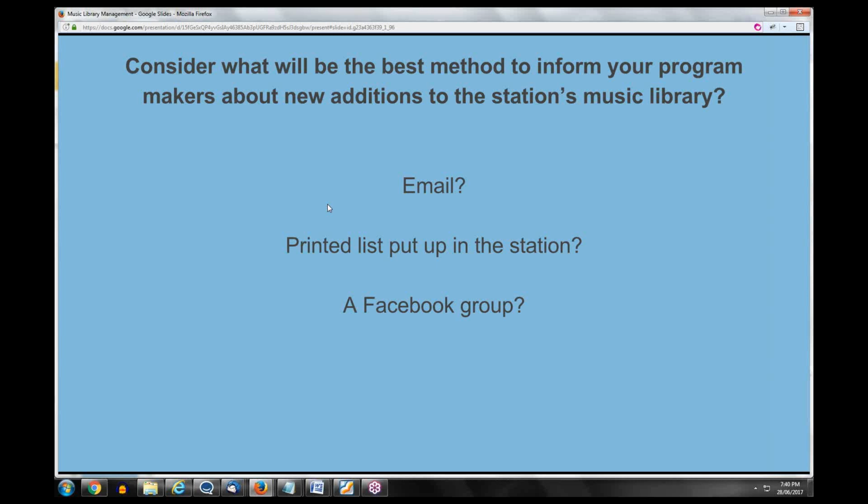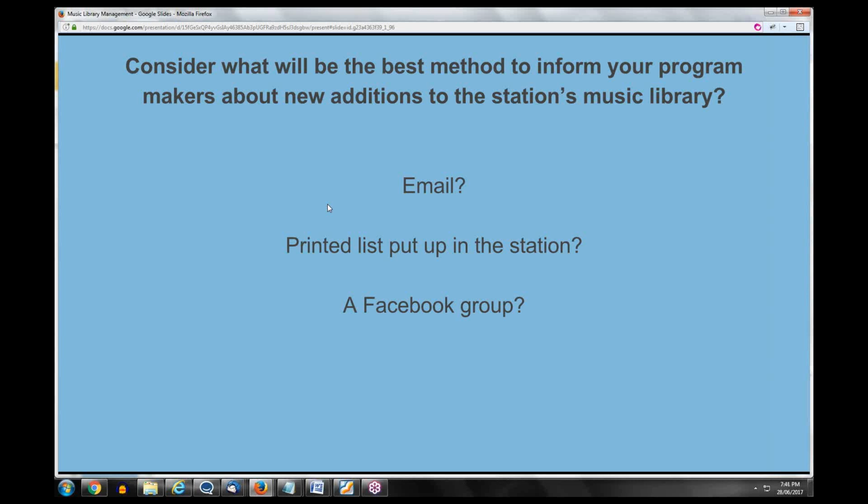I've forgotten who mentioned it a bit earlier about the e-news. I think it was you, Sharon. But essentially, if you have a regular update for your program makers that goes out via email, it's a great platform to potentially add a list of new additions to the library so that they can see it and it intrigues them. To give them as much information about them is probably a better thing.